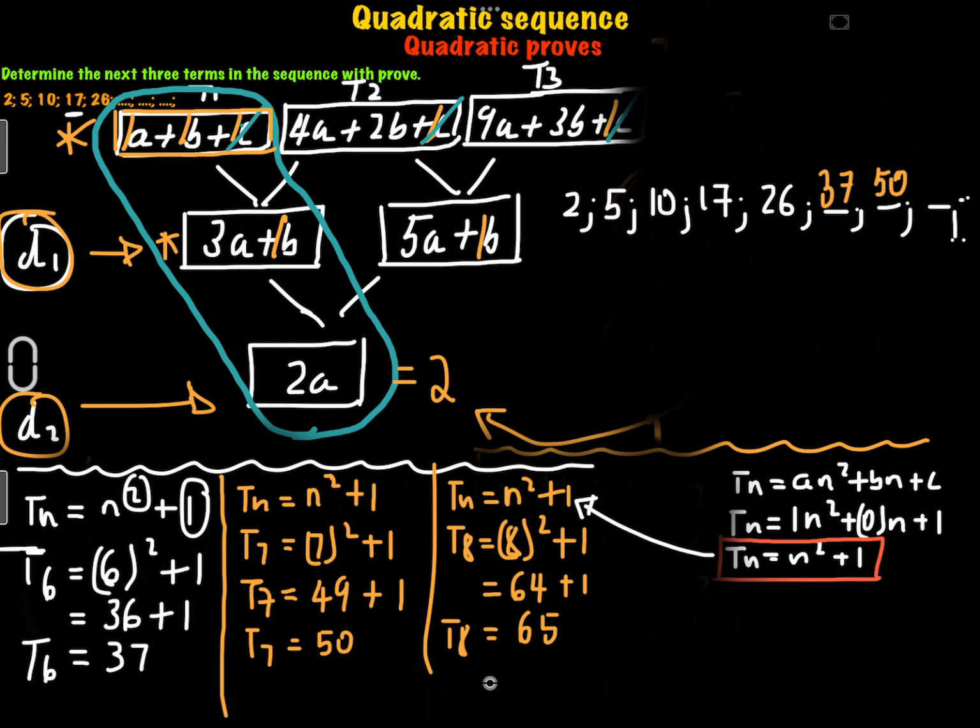So the eighth term is 65. And that, in a nutshell, is the application relating to quadratic sequences with proof using the Shupran method.